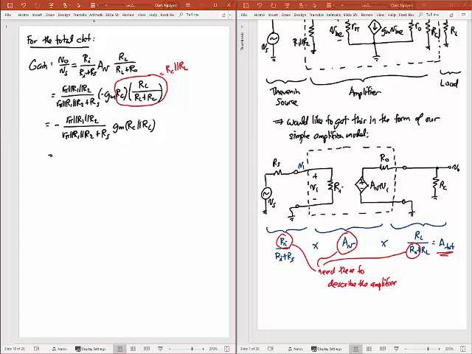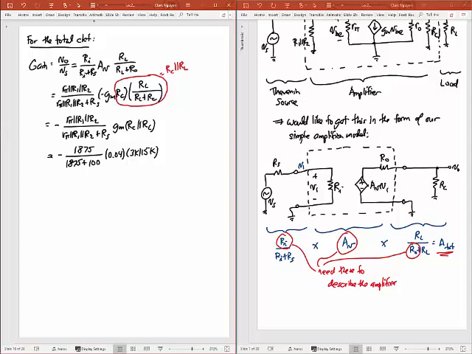I can plug in my numbers that I was given along the way. And so this becomes minus 1875 divided by 1875 plus my source resistance, which I gave as 100 when we started this problem, times GM, which we calculated as 0.04, times the output resistances in parallel, well, times RC and RL in parallel.